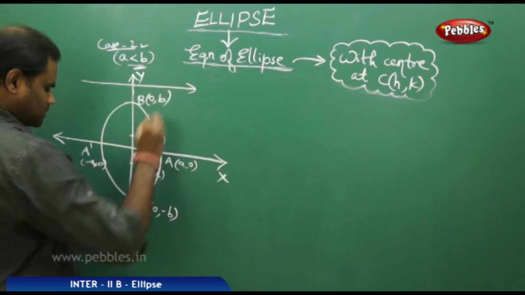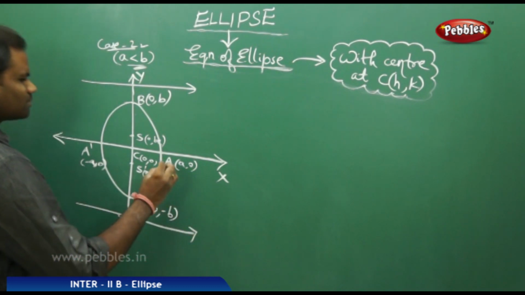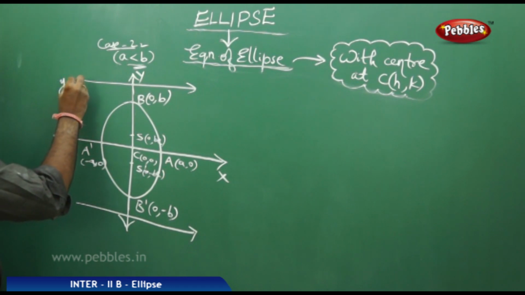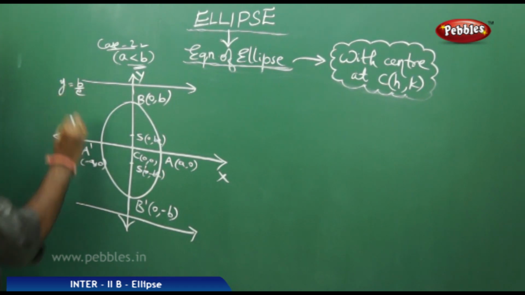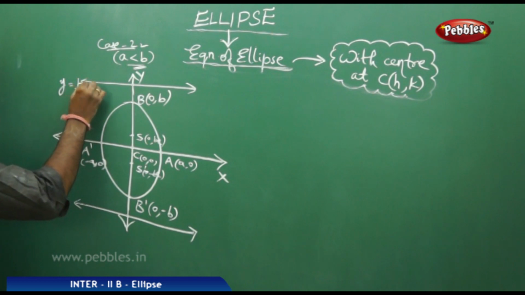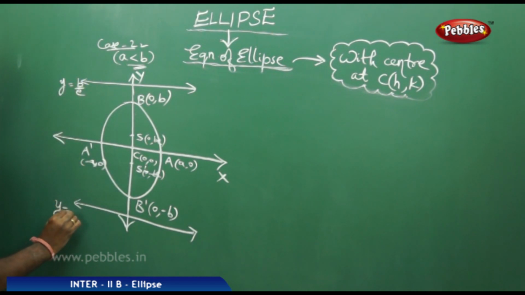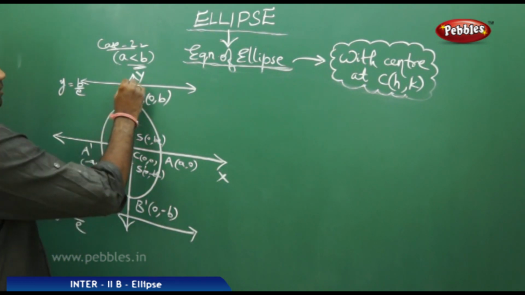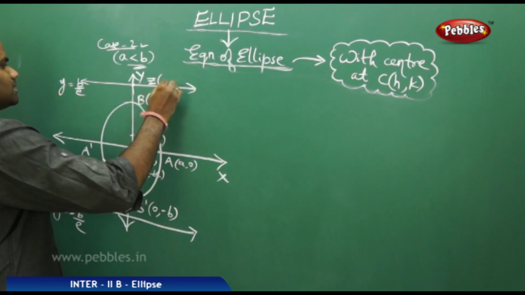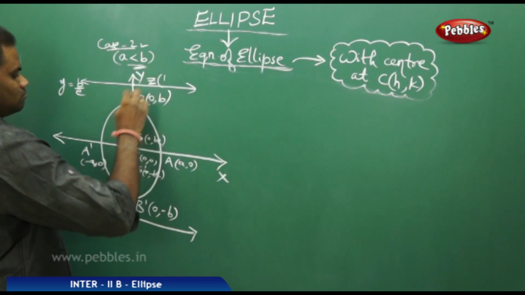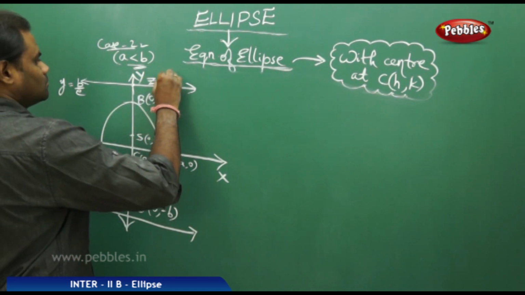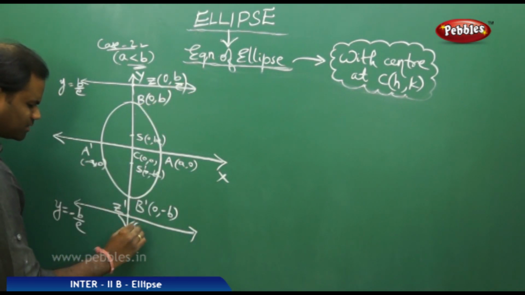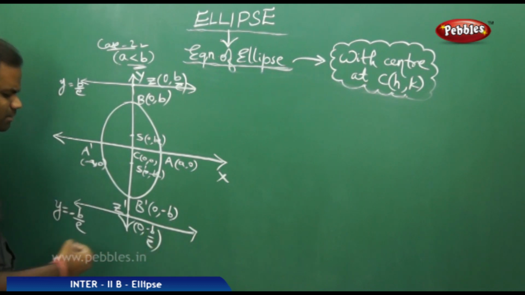I have the directrices, which are given by the equations y equals b by e and y equals minus b by e, so that my Z is (0, b by e) and my Z dash is (0, minus b by e).